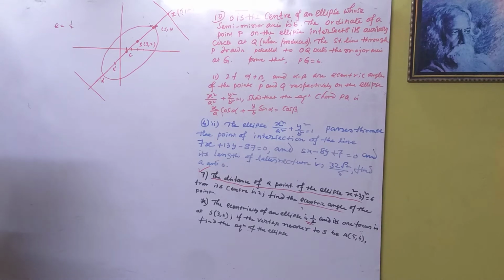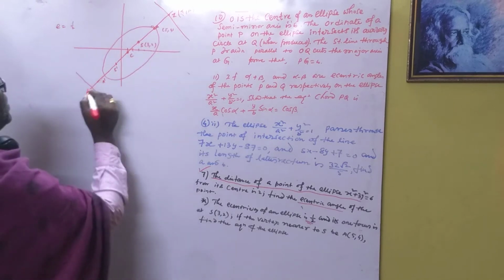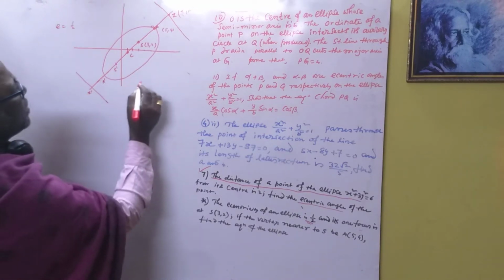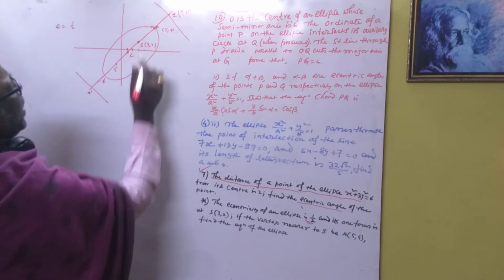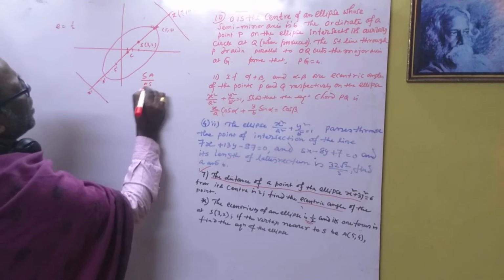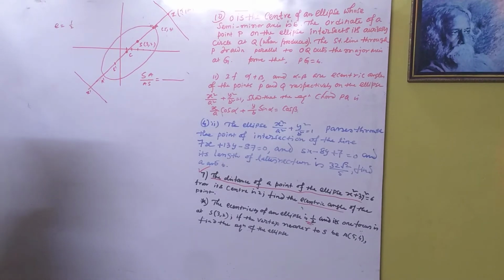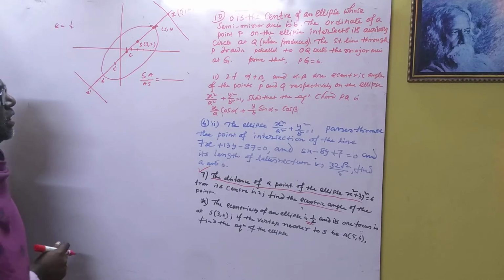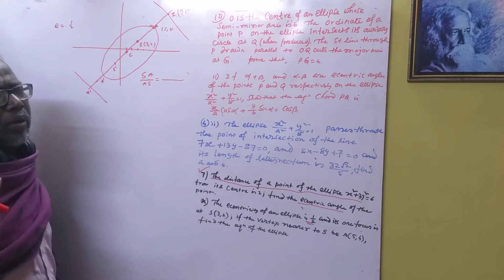And how can we find the ratio for the ellipse? See here, this is Z, and this is Z dash. Now see the ratio SA by AZ. This is the ratio for an ellipse, and for a conic section this ratio is always fixed and depends on E.